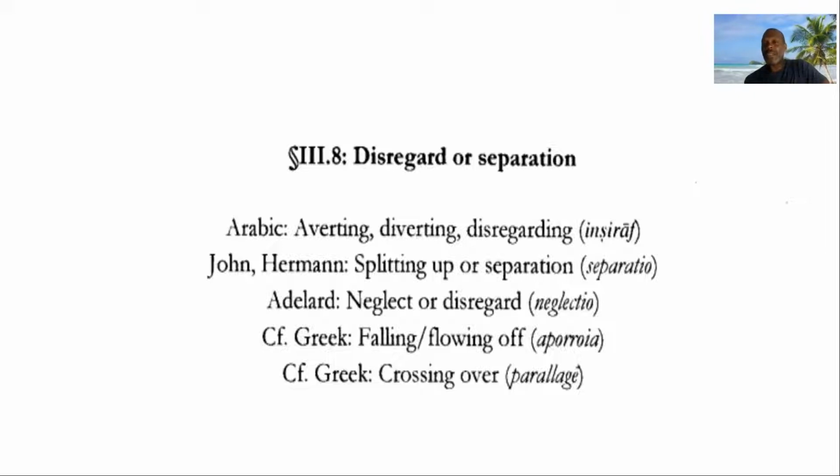So there was this real idea of disregard or neglect, or turning away from, crossing over, splitting up. So it's moving away, but basically averting, diverting, disregarding. If you divert something, you're moving it away from one particular area, right? So let's divert that stream from here, we divert it to that other area. If you're disregarding it, okay, we're done with that, right? So that's pretty much what separating means.